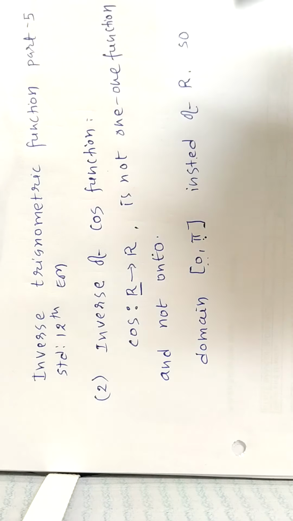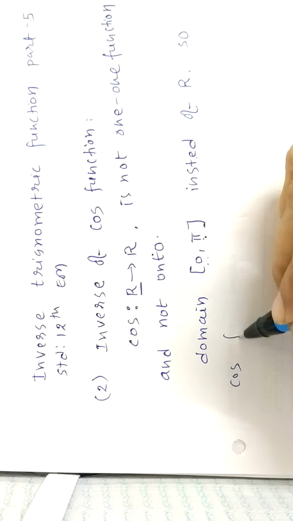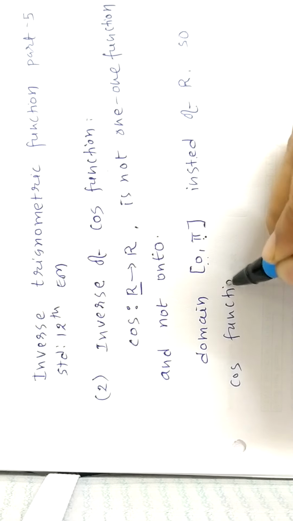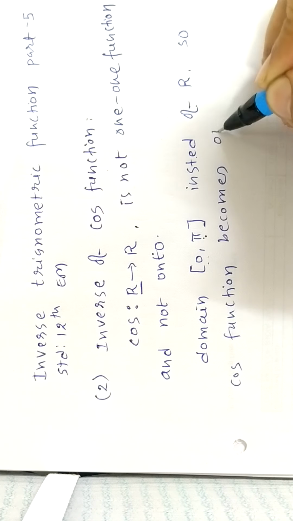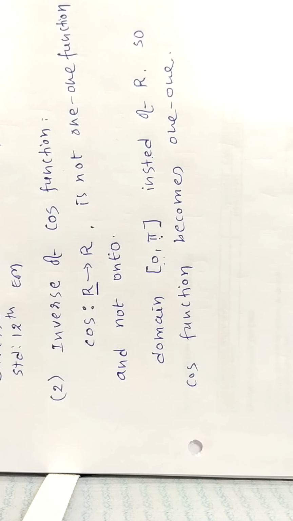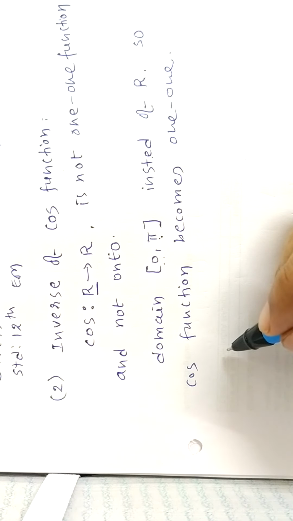So cos function becomes 1-1. The range of cos function is -1 to +1.